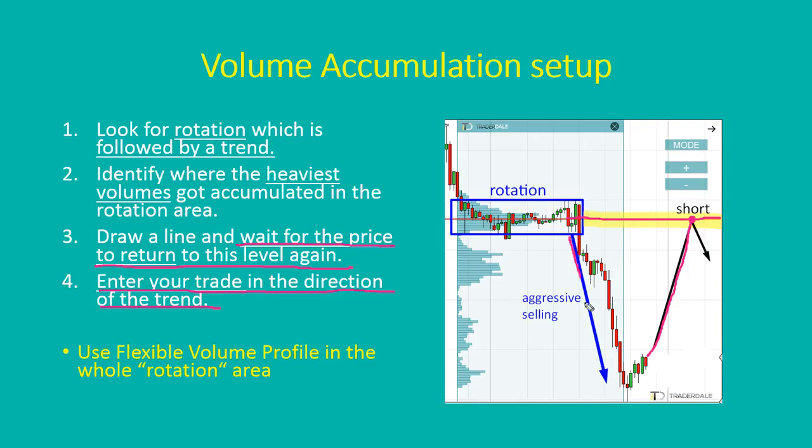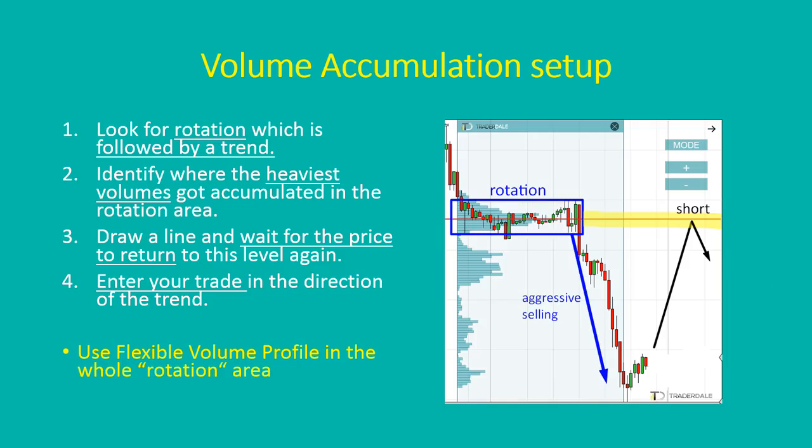So in this case there was a downtrend which followed the rotation, so you'll be entering a short. If there was a rotation followed by uptrend, pullback, then from this place, from the place where the volumes were the heaviest, you would be going long. Alright? So this is how the setup looks like.